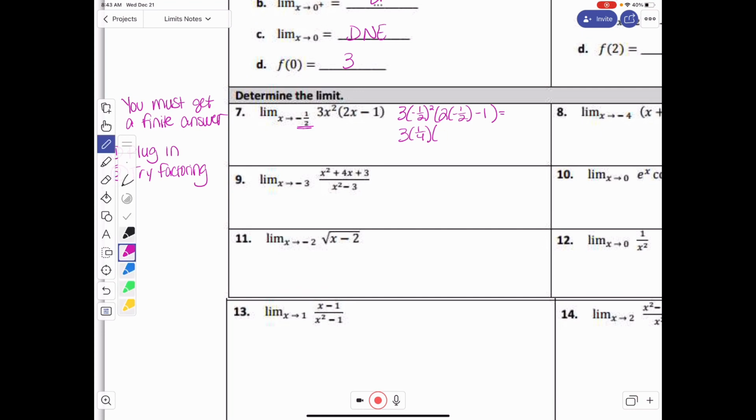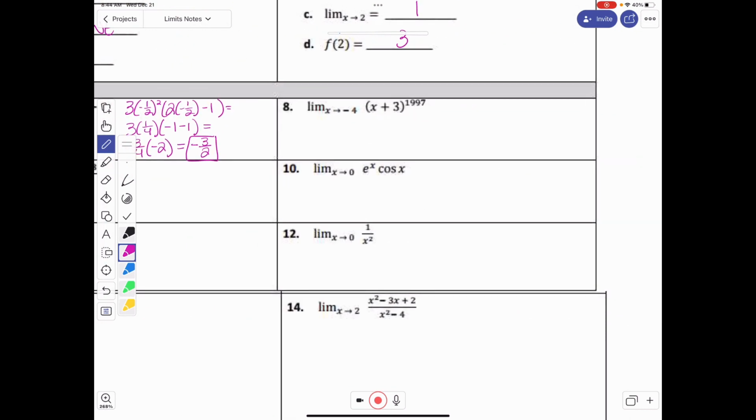So that's going to give us a -1 minus 1. And so we have 3/4 times -2, which will give us -3/2. And that's our answer. We get a finite answer for our number, and so that's what the limit approaches.